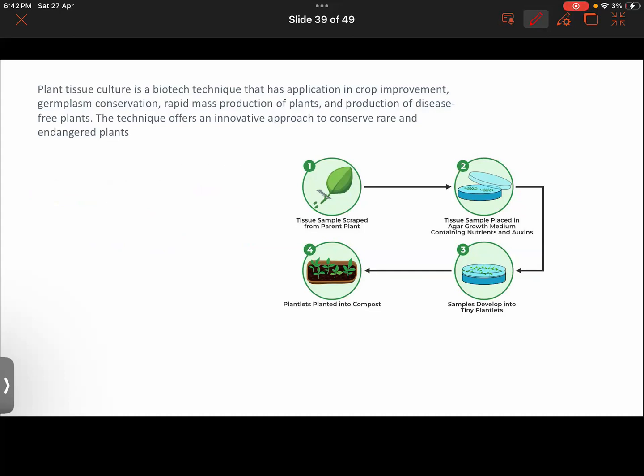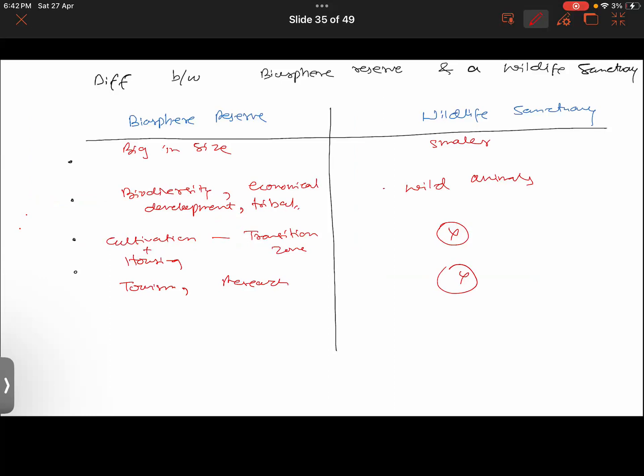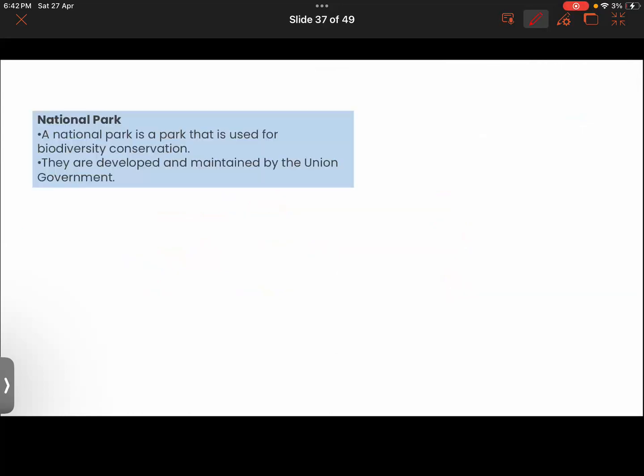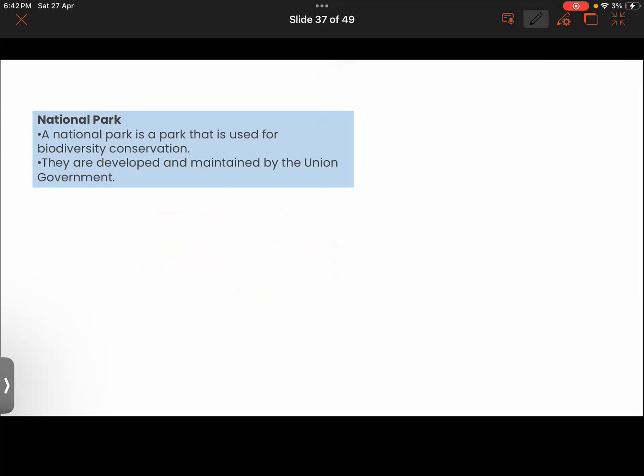By the way, in the previous classes we talked about the differences between a wildlife sanctuary and a biosphere reserve, and how a wildlife sanctuary is different from a zoo. I think one more differentiation needs to be discussed: what is the difference between a wildlife sanctuary and a national park? This topic slipped my mind, so let's quickly discuss it as well.